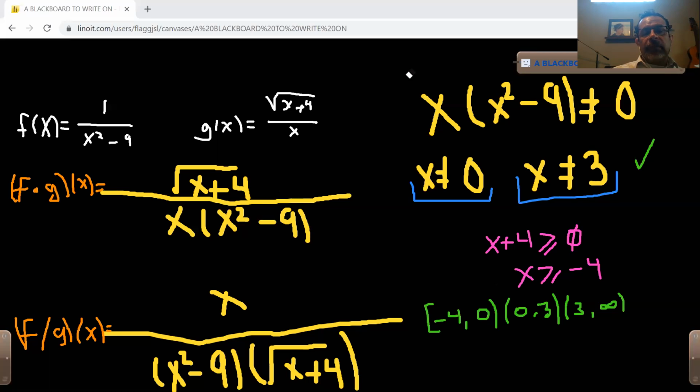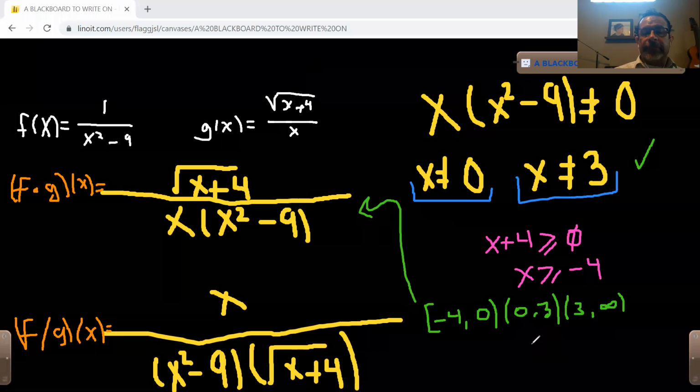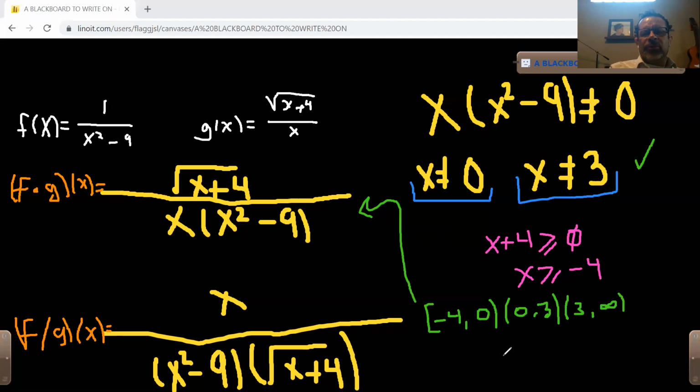And we've got the square root. So this domain that we wrote down here applies to this one also, okay? But what happens with this one here? Would the domain be exactly the same, or would I need to modify something in the domain?